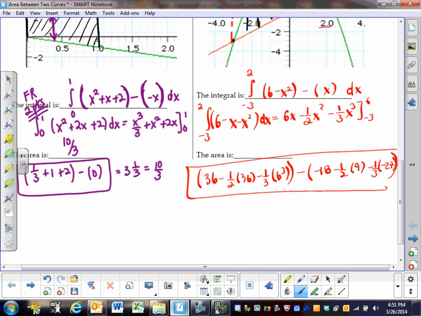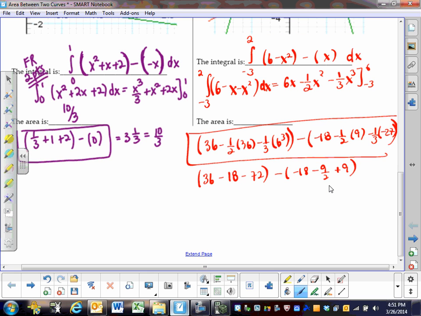I could just leave the problem. If it were a multiple choice, again, this would really be the worst case scenario. You would have 36 minus 18 minus 72 minus negative 18 minus 9 halves plus 9.